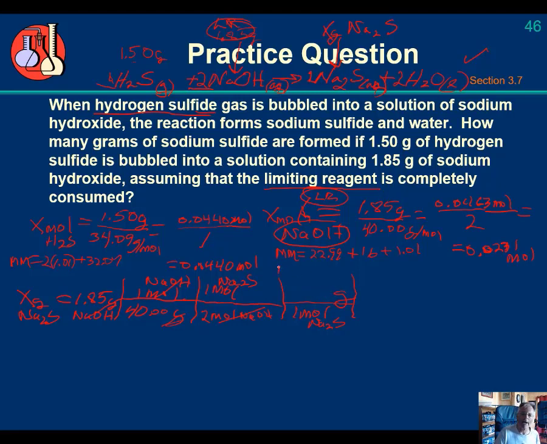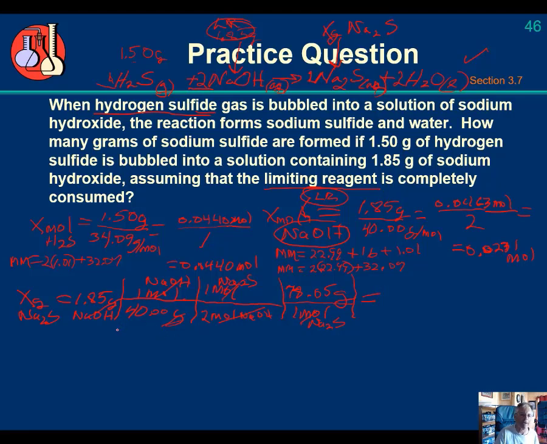The molar mass of sodium sulfide will be 2 times 22.99 plus 32.07 for sulfur. I get 78.05 grams per mole. 78.05 grams for every 1 mole of sodium sulfide. When I multiply and divide across, moles of sodium sulfide cancels.